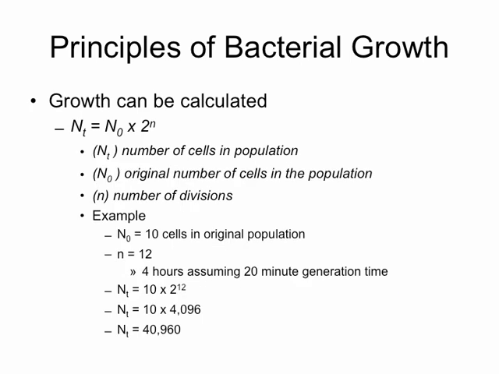So this is the equation that is used to calculate the number of cells in a population. And it's basically the total number of cells, NT, is equal to the initial number of cells, which is N0, times 2 to the number of generation cycles that have passed.